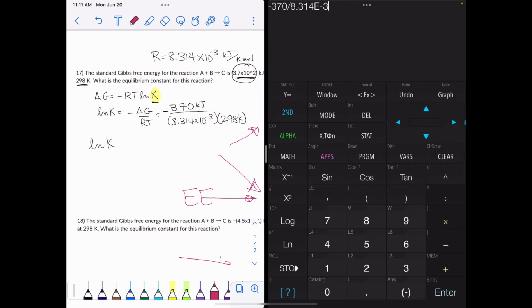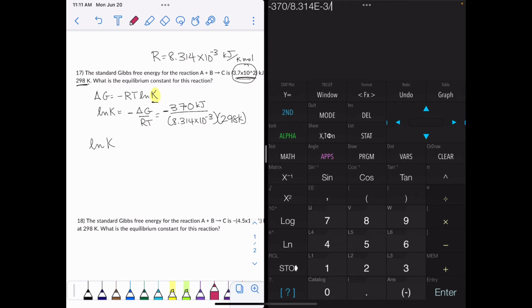Again, I'm hitting that minus sign in the bottom right-hand corner. Not the minus sign, but the negative sign. All right. So far, if we look back up at the screen, I have negative 370 divided by 8.314 EE negative 3, which is 8.314 times 10 to the minus 3.